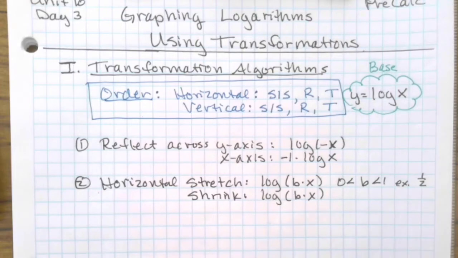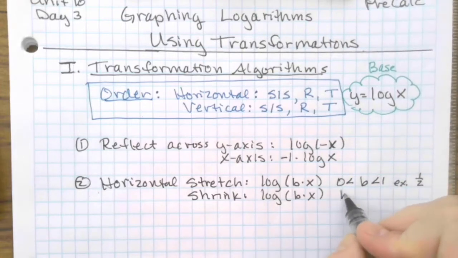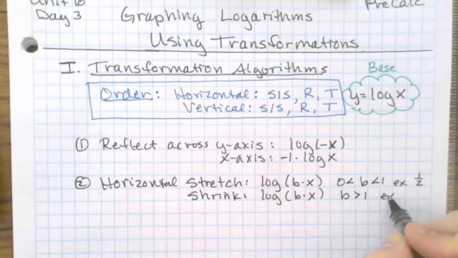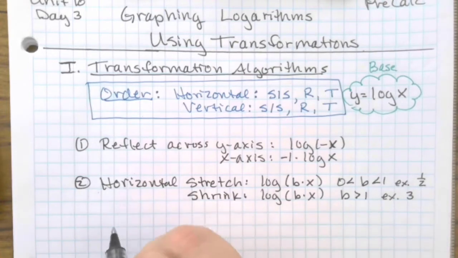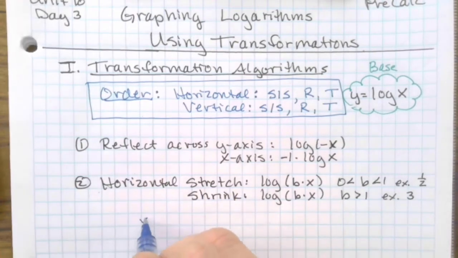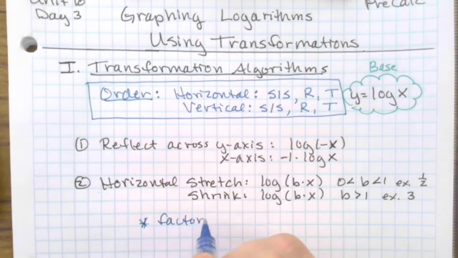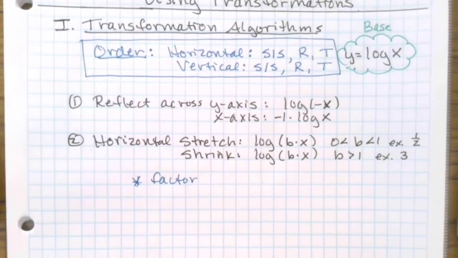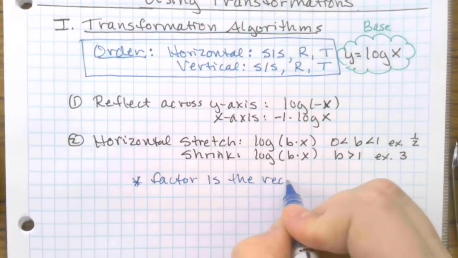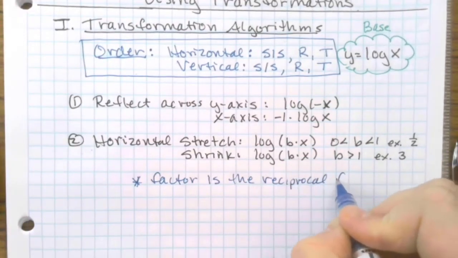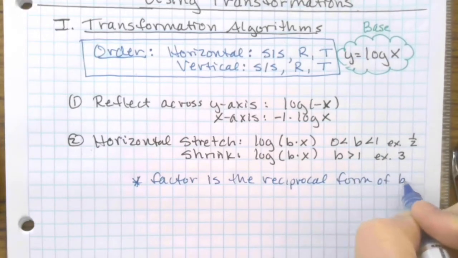For a shrink, the b value has to be greater than 1. For example, 3x. And then the factor by which it is being shrunk or stretched is the reciprocal form of b.